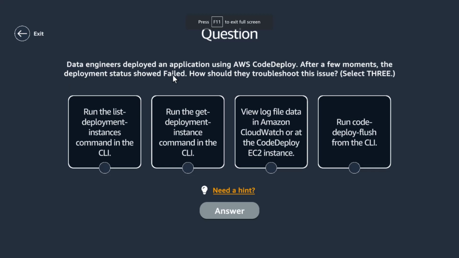Data engineers deployed an application using CodeDeploy. After a few minutes, the deployment status showed failed. How should they troubleshoot this issue? We didn't try this, did we? I think maybe we can do this. And I think it is one of these: get deployment instance or list.